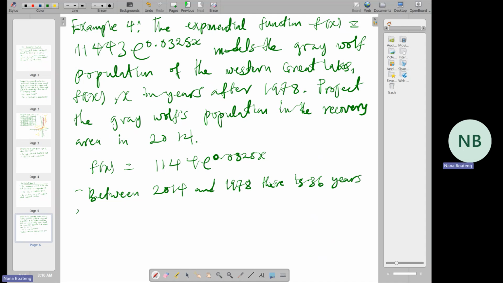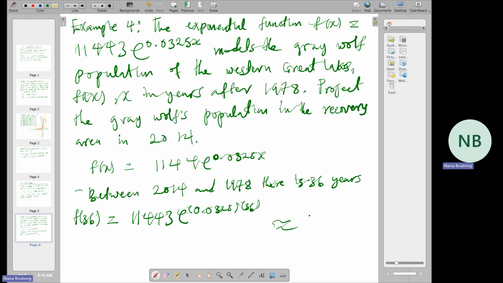So f of 36 is equal to 1143 e power 0.0325 times 36.